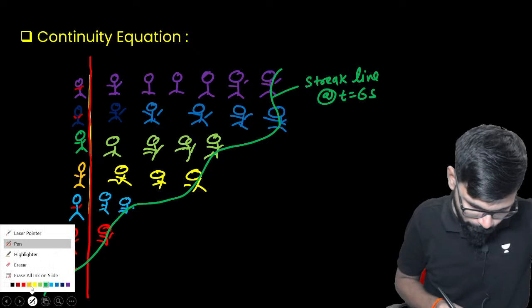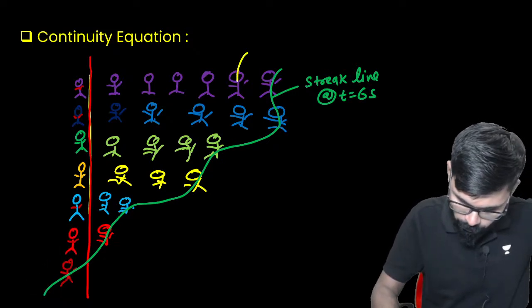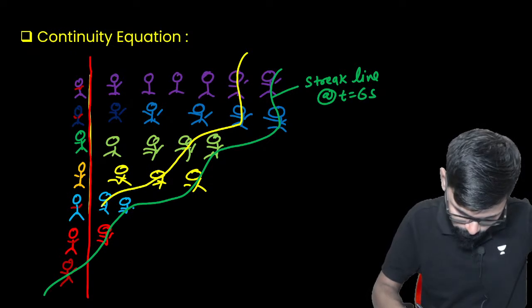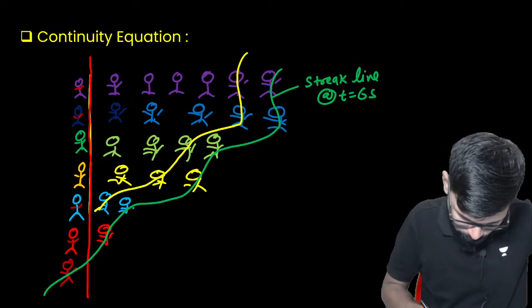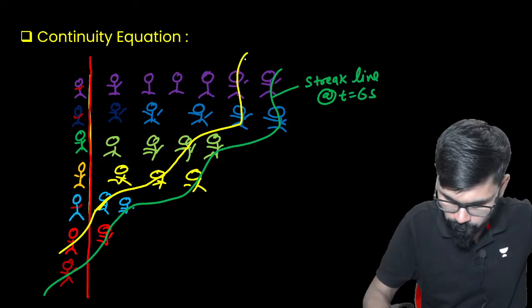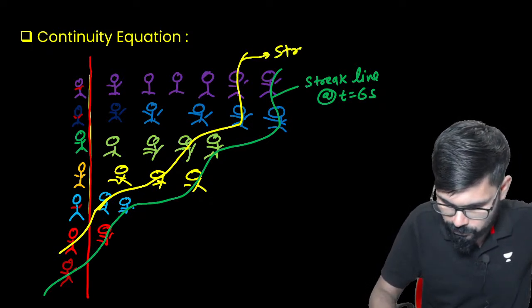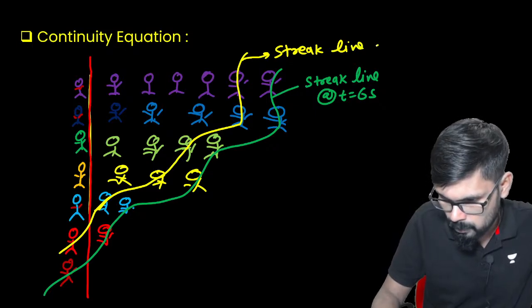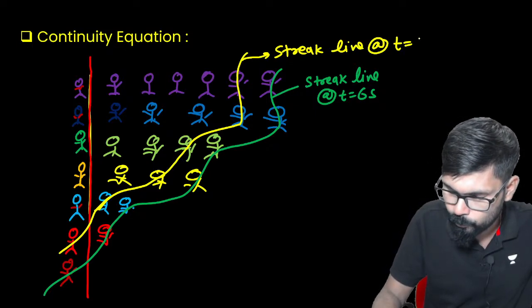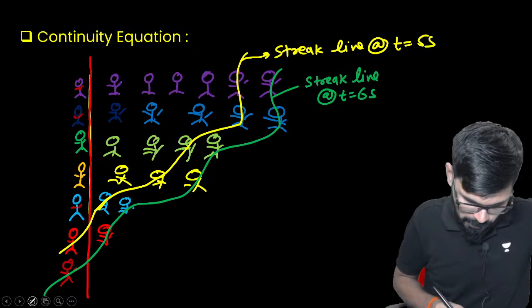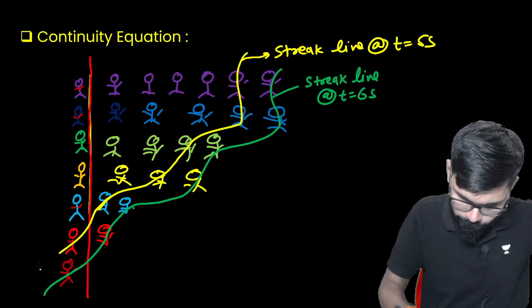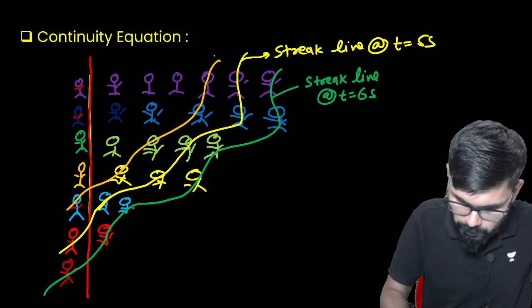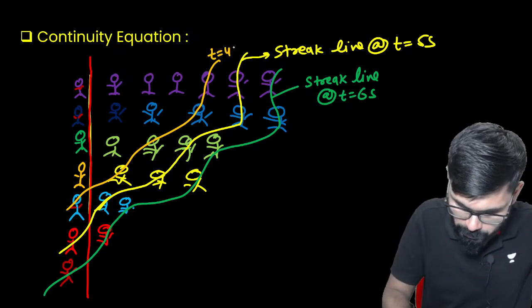Then I will draw a streak line at t is equal to 5 seconds. Then I will draw here t is equal to 4 seconds.